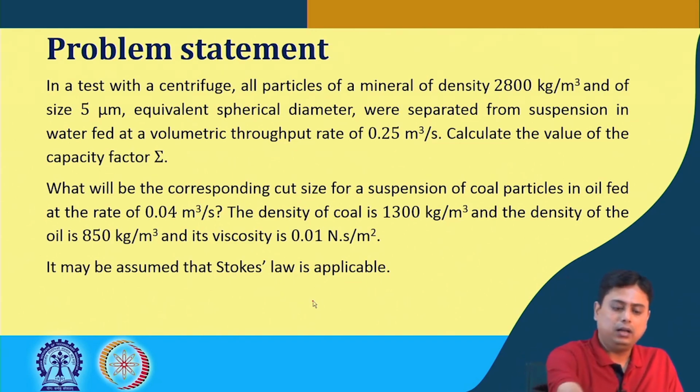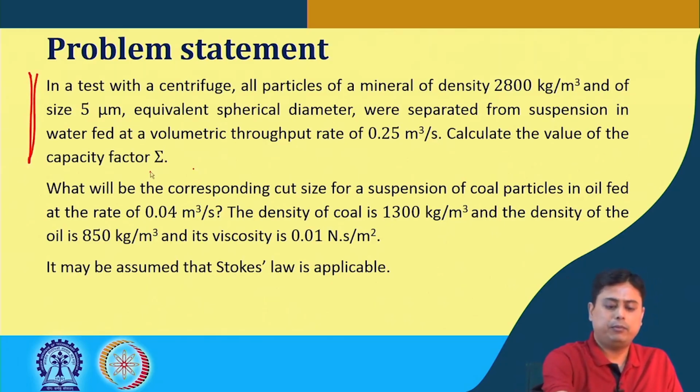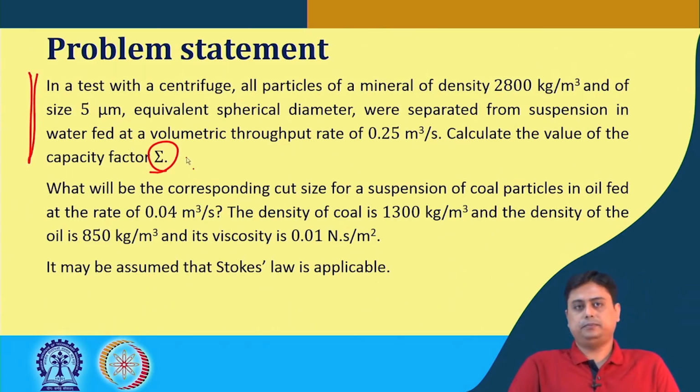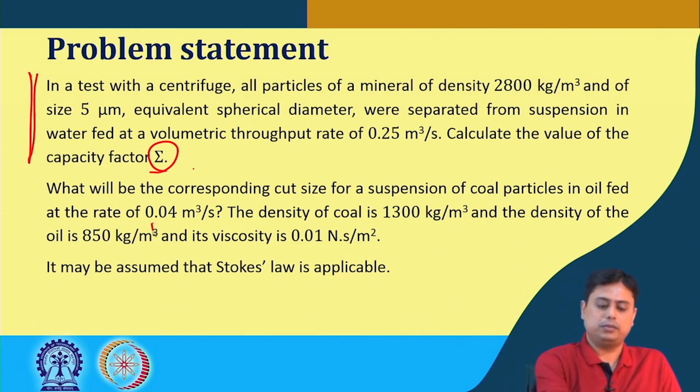So, for the first part, all the information is given, we have to find out the capacity factor. Now, for the same centrifuge, if we change the feed type from water to oil having coal particles of different densities, then the question is what would be the cut size, or the critical size, that it can separate at this given flow rate.